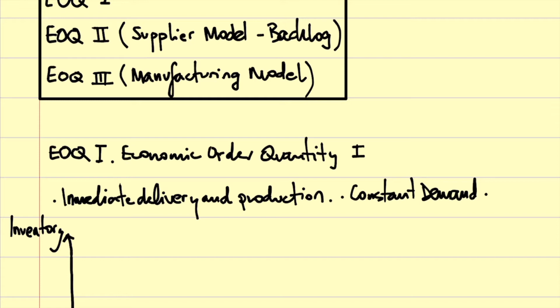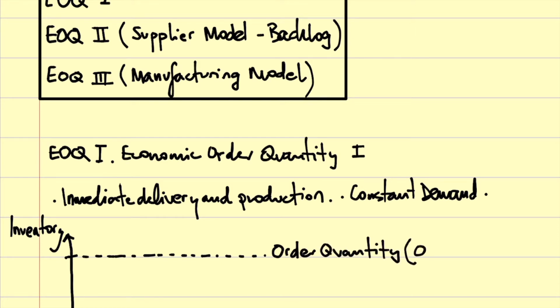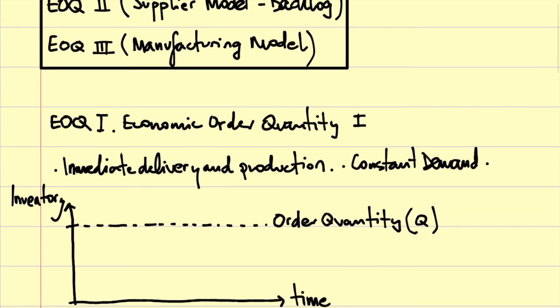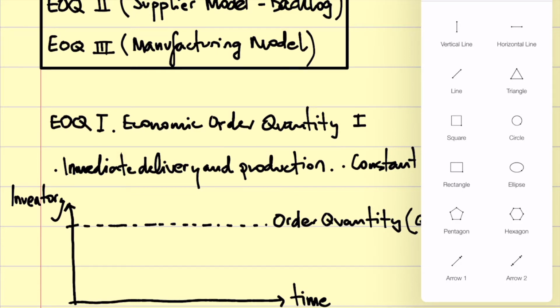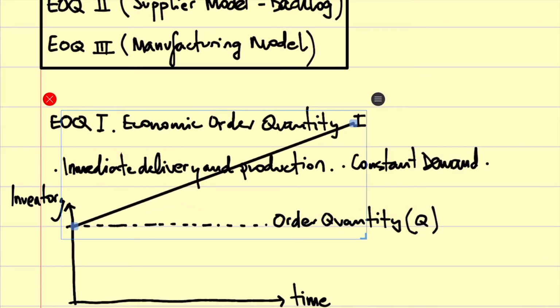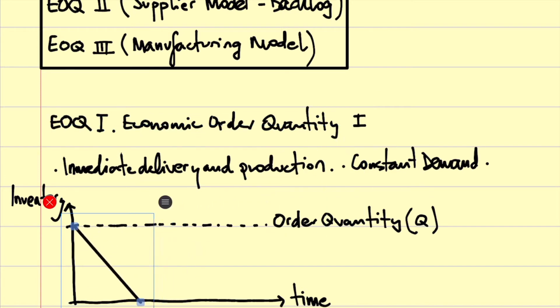So if this is our inventory level of order quantity, which we are going to call Q, then at t equals 0 we are going to have a level of inventory equal to Q, and then because demand is constant, it is going to be going down in a line.